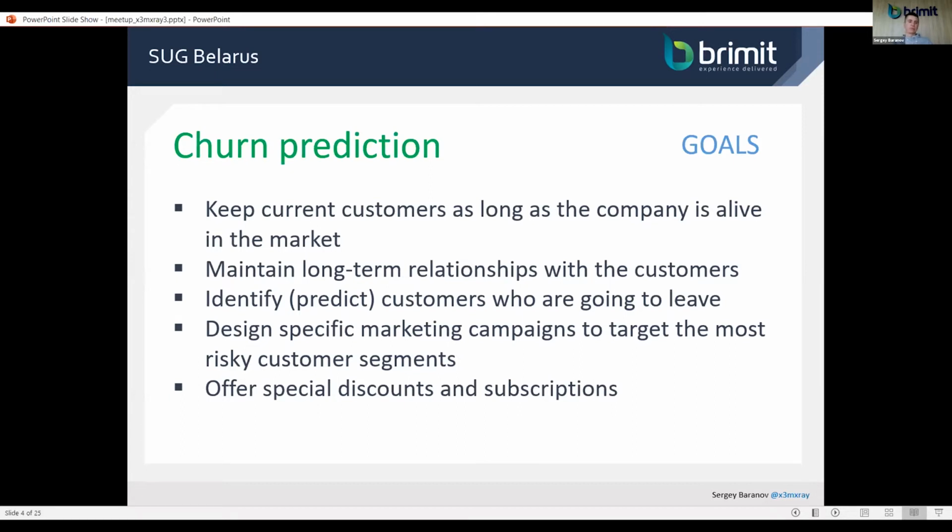And if marketers can do that, they can design campaigns, for example, to target the most risky customer segments, or offer benefits like discounts, promotions, subscriptions, etc.